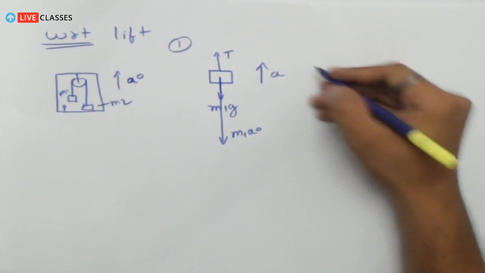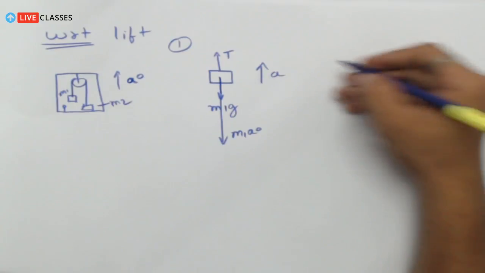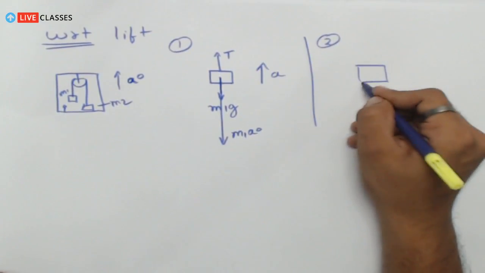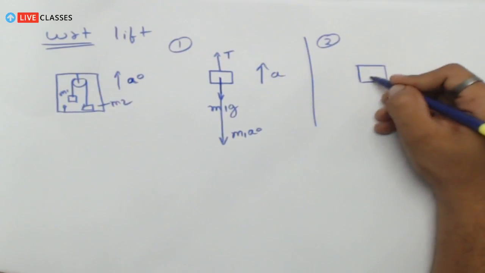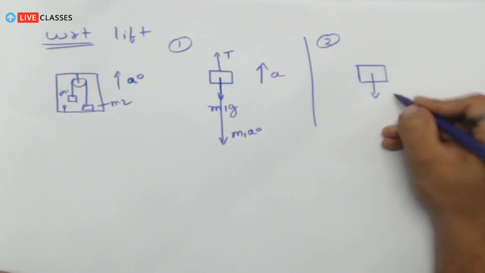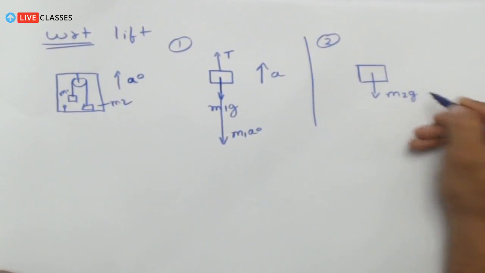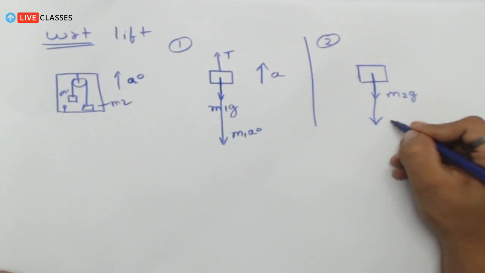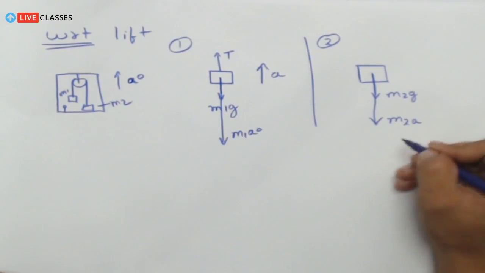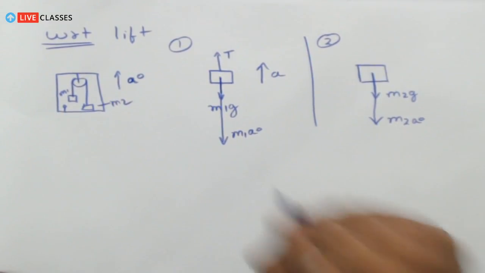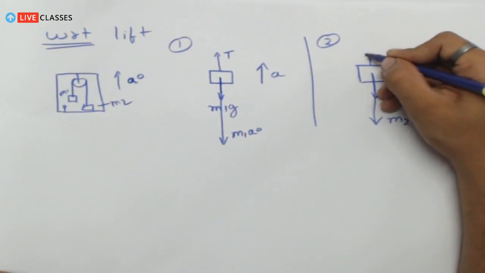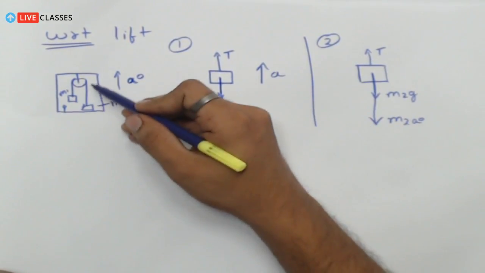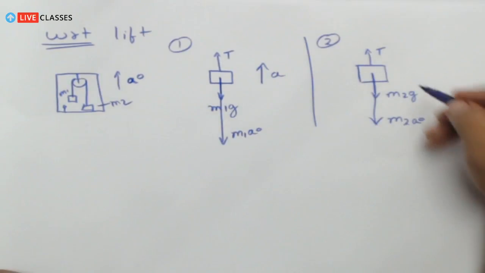I don't know what A is. Now we are drawing the FBD of the second one. Simple as usual. This time I will not make the mistake. M2G. This is M2 A0, the pseudo force. This is the T. Remember? And if this block is going upwards, this block will be going downwards. We are assuming that.